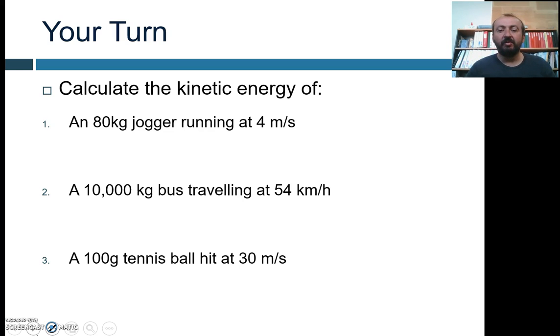Remember, Usain Bolt runs at about 10 meters per second, and when he sprints, a bit less than that. So this is 3 times as fast. So stop the YouTube clip and have a go at those using the formula kinetic energy equals a half mv squared, and we'll see what answers you got.